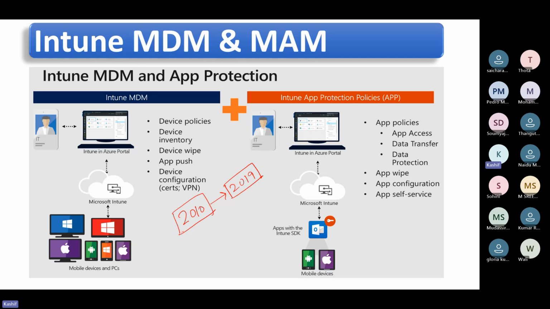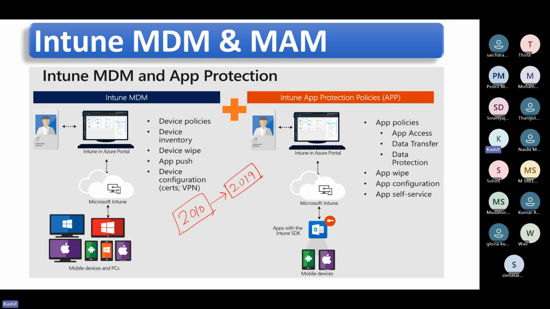And at that time, SCCM was managing all the devices across the globe. SCCM is also a Microsoft product, which helps you do similar things to what Intune does. But SCCM is basically designed to manage on-premises devices.